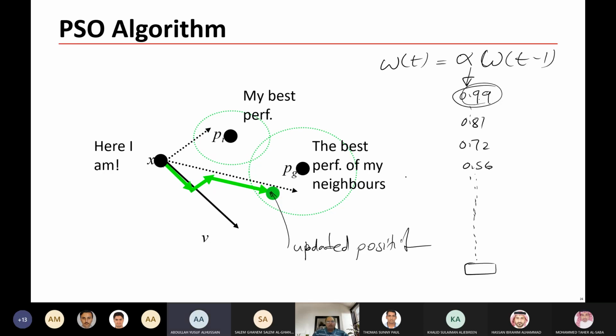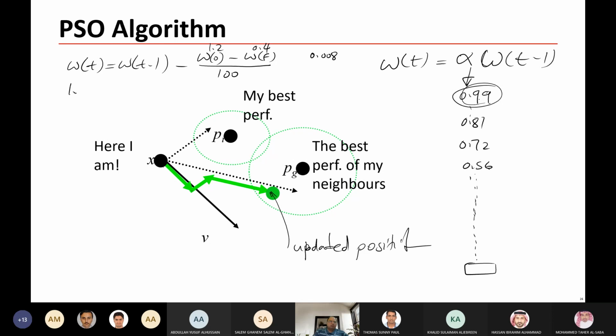Okay, so the other way is to have W of t equal to W of t minus 1 minus (W of 0, the initial value 1.2, minus the final value 0.4) over the number of iterations, say 100. So at each time you reduce by 0.8 over 100, so it becomes 0.008.